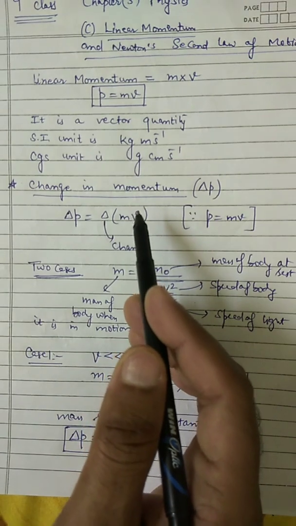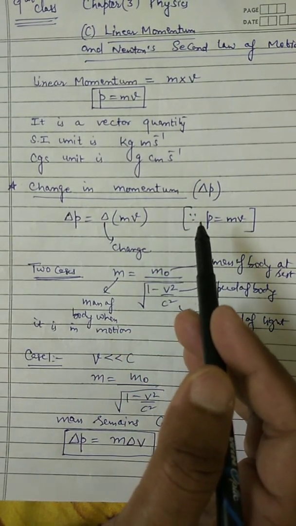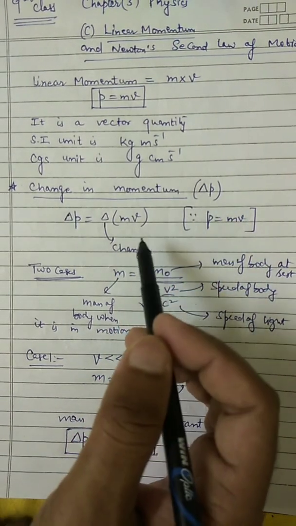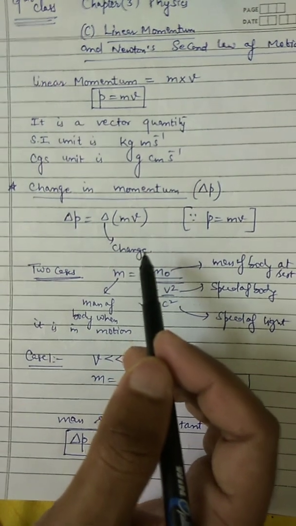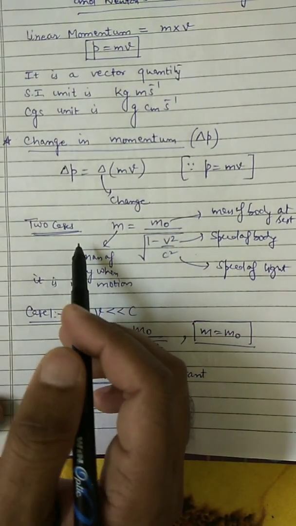Change in momentum is represented by delta p. Delta means change and p is the product of mass and velocity. So there are two cases.